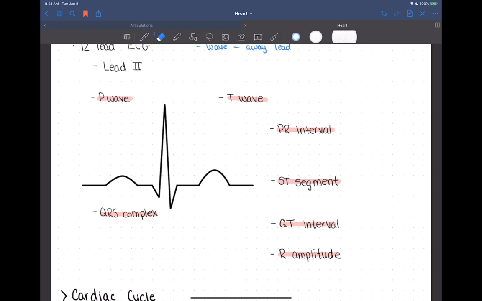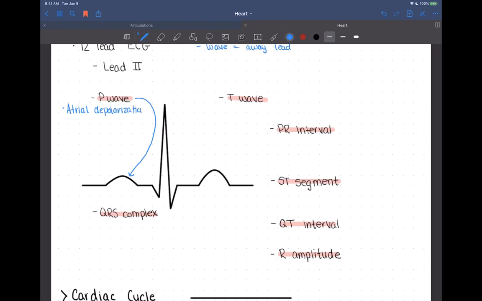Actually, let me move this line over a little bit so I have more room to write. The P wave is that first bump in an ECG, and it represents atrial depolarization.